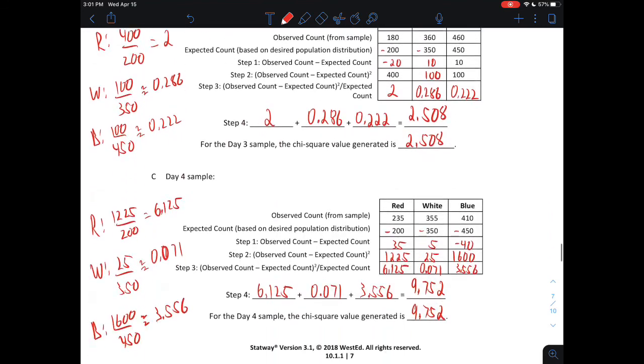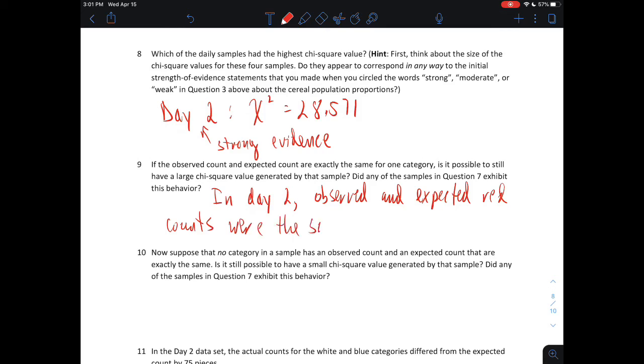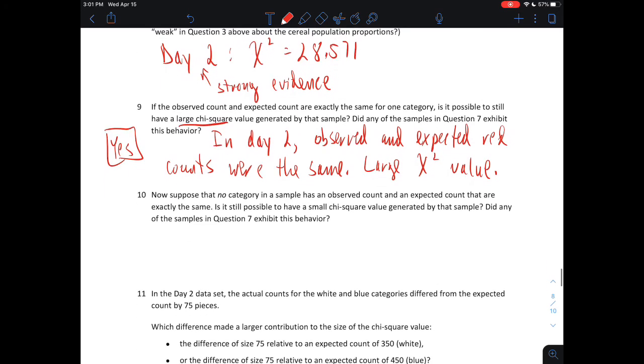The red observed and expected counts were the same. And we also noticed that we did have a large chi-square value. So they're asking, is it possible for this to happen? Yes, we saw that. Large chi-square value, and even when we had expected and observed counts being the same in one category.